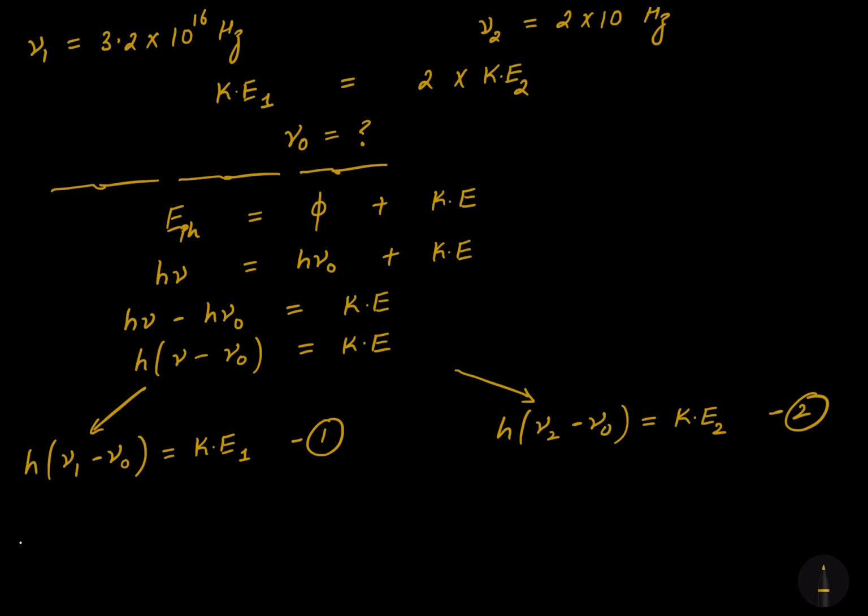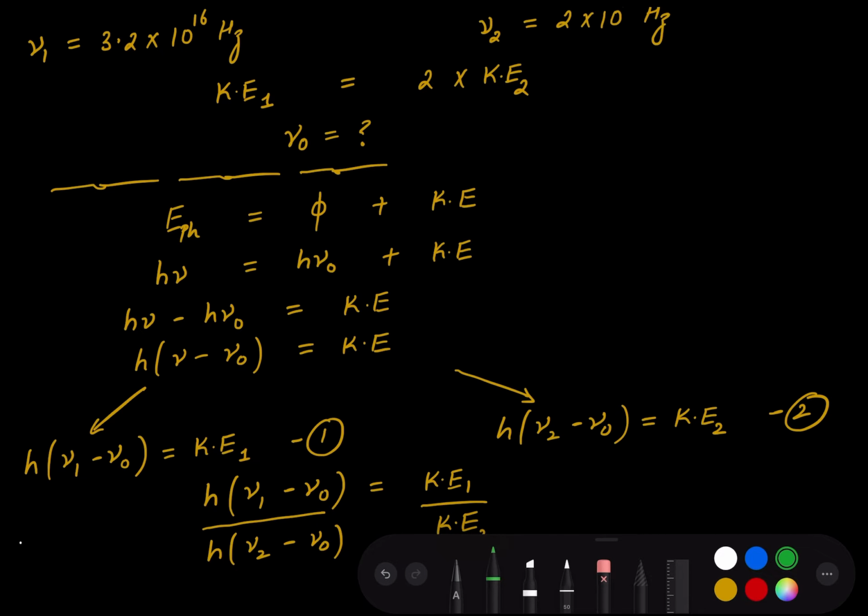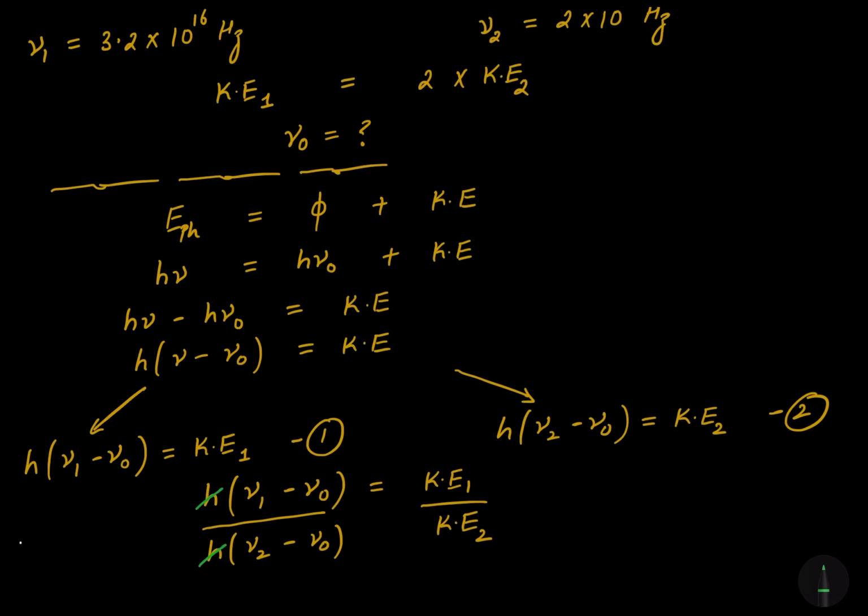Now let us divide number 1 by number 2. It comes out to be h times nu 1 minus nu naught divided by h times nu 2 minus nu naught, equal to kinetic energy number 1 divided by kinetic energy number 2. Here this h and h will be cancelled. Now kinetic energy 1 is equal to 2 times kinetic energy number 2.